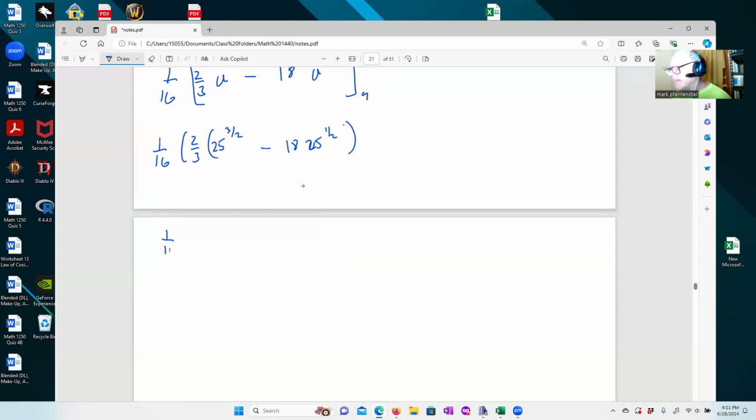So we have 1/16, we have 2/3, and then here we have 25 times the square root of 25. That's what the 3/2 power means. This is going to be kind of easy to figure out. Minus 18, what's the square root of 25?